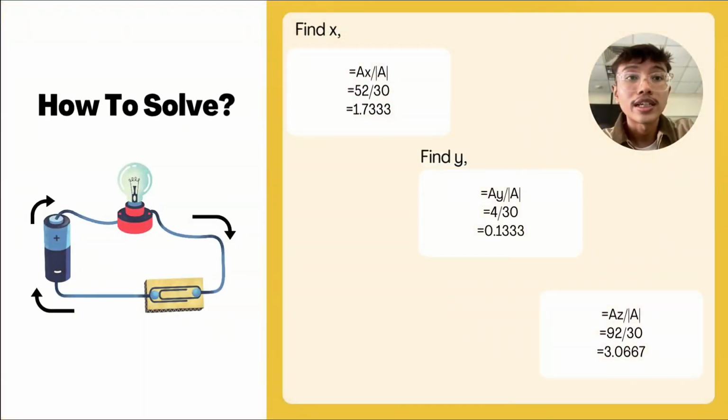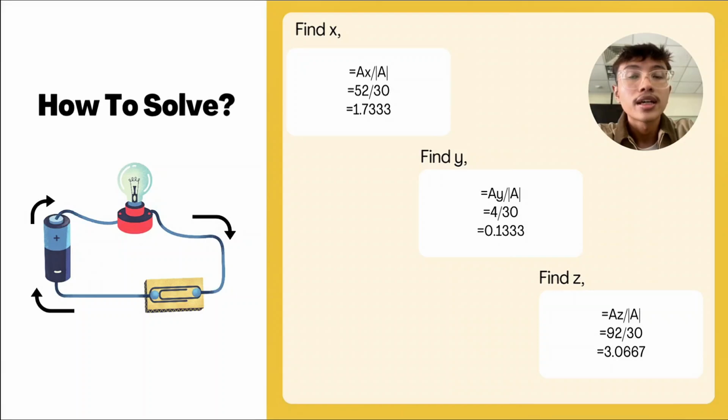So how to find x? The Ax we got just now, just divide by the determinant of A. We have 52 divided by 30, and the answer for x is 1.7333. And then we need to find y.